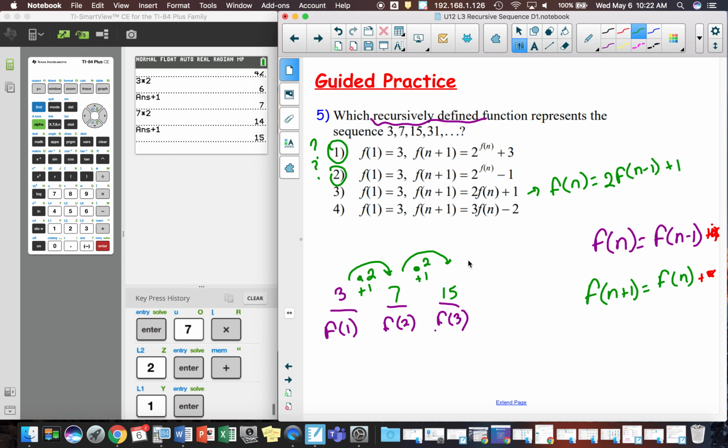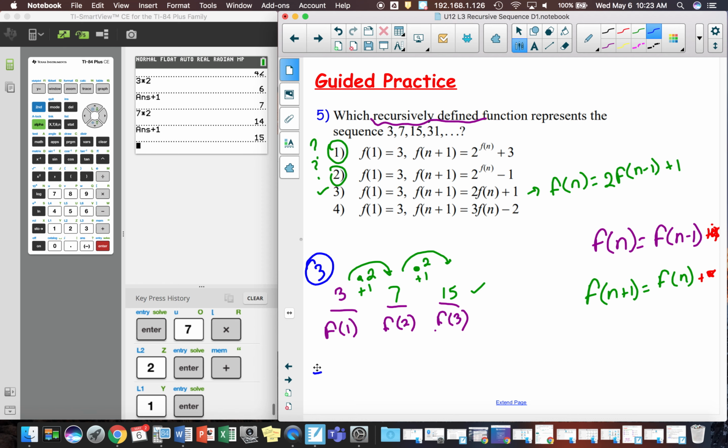Okay. So as of right now, this seems like it works. It seems like 3 is our answer. But let's just check the next one. Let's check 4. Okay? So instead of rewriting this one, we can now just look at this and we know what our rule is. So for this one, I'm going to write it over here. So this was answer choice 3. I'll write that in blue.